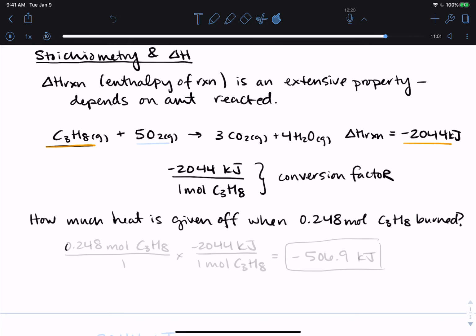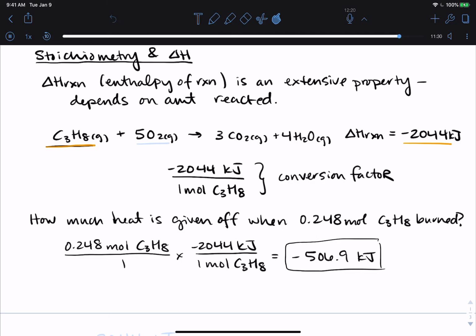So we have 0.248 moles C3H8, and I know that I get negative 2,044 kilojoules for every 1 mole. So I would get negative 506.9 kilojoules of heat off from burning that much C3H8.